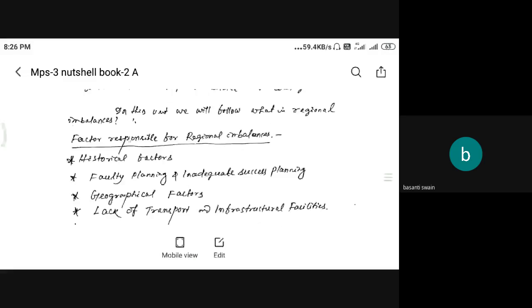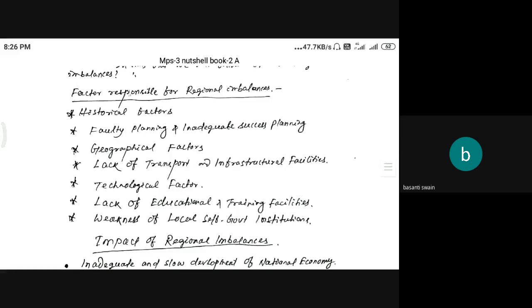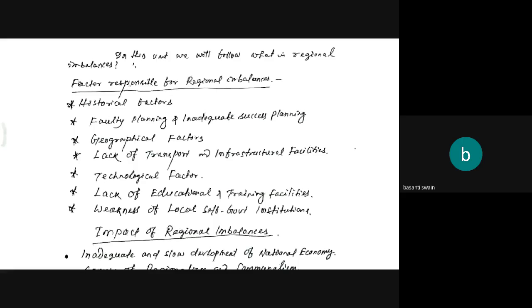You see the slide: the factors responsible for regional imbalances are historical factors, faulty planning and inadequate success of planning, geographical factors, lack of transport and infrastructural facilities, technological factors, lack of educational and training facilities, and weakness of local self-government institutions.